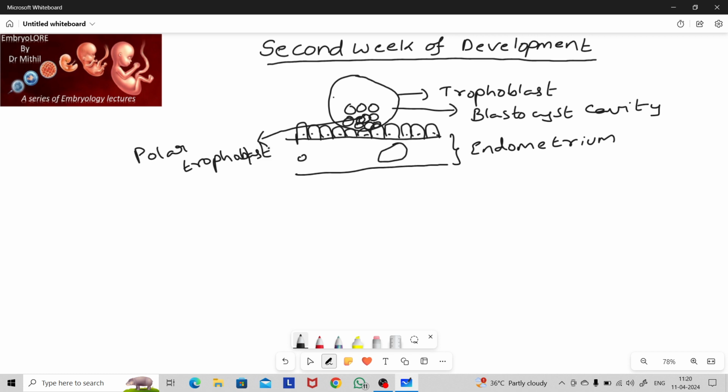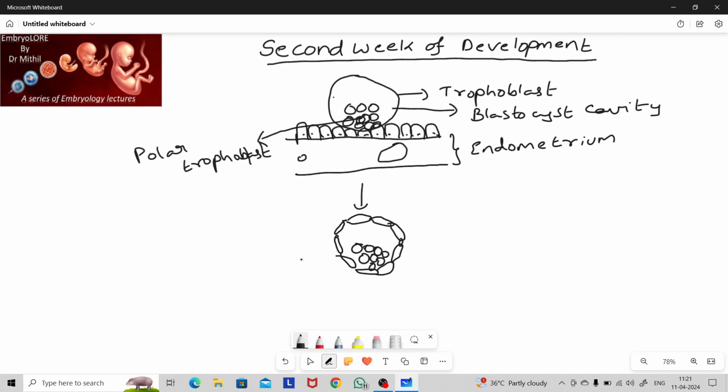In the further step, the same diagram, but let me differentiate. The trophoblasts are lined by the flattened cells, and then the inner cell mass as usual.